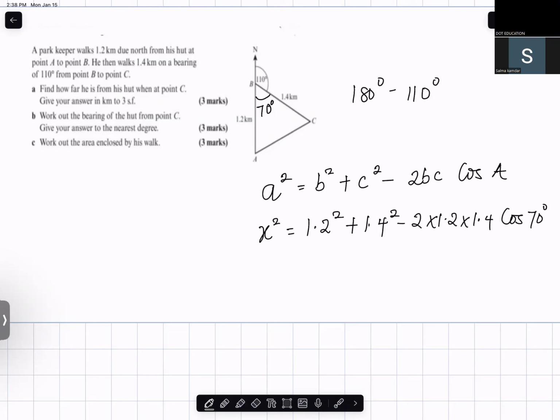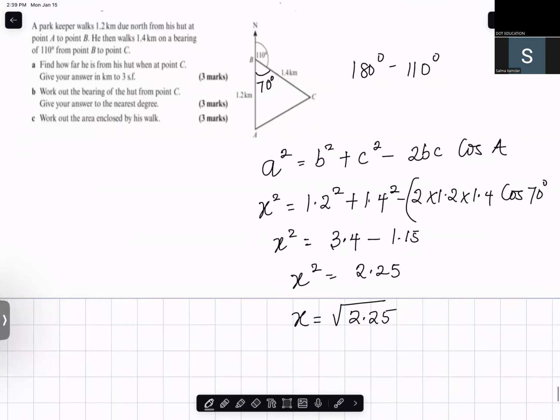x squared is 1.2 squared plus 1.4 squared gives 3.4, minus this, because this gives 1.15. x squared is equal to 2.25. Since we are looking for x, our x becomes root 2.25, which gives x as 1.5 kilometers.